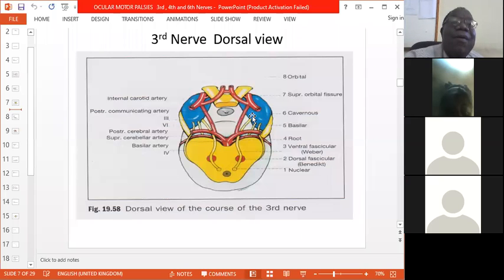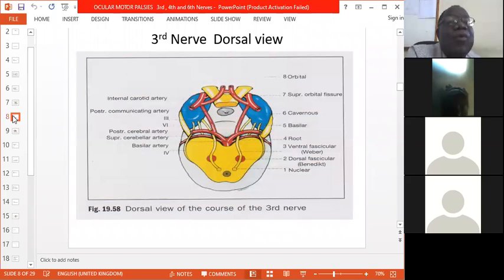From the cavernous sinus, it's going to go into the orbit, to go into the eyeball and supply the muscle. What does it supply? Another slide.